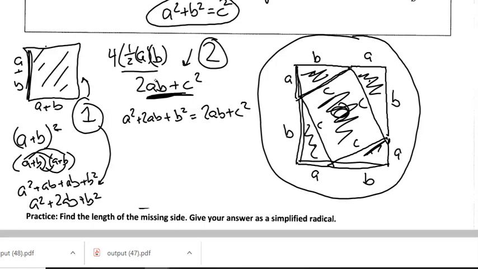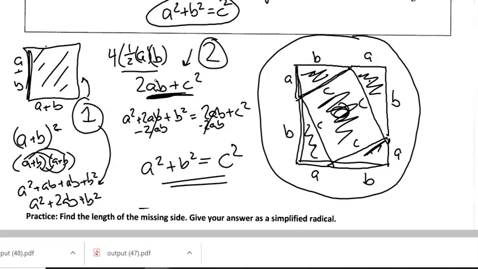You're probably wondering, what does this have to do with the Pythagorean theorem? Now watch. I'm going to use the subtraction property of equality, subtracting 2AB on both sides. And what do we end up with? A squared plus B squared equals C squared. There are many, many different ways to prove the Pythagorean theorem, and this is the one I wanted to do because it uses our algebra skills.